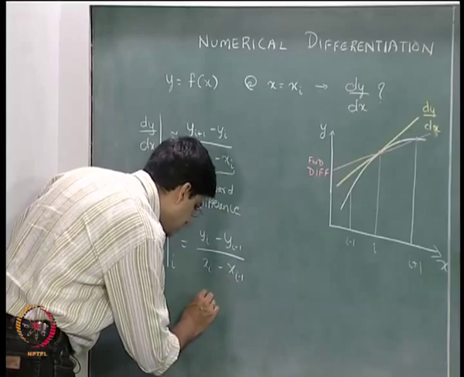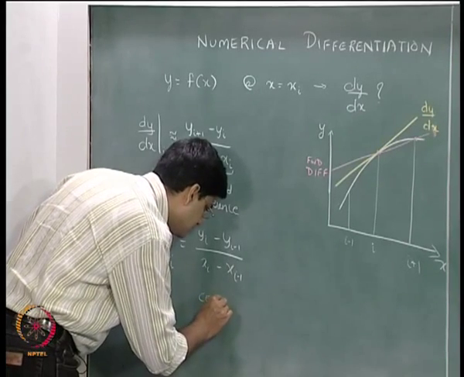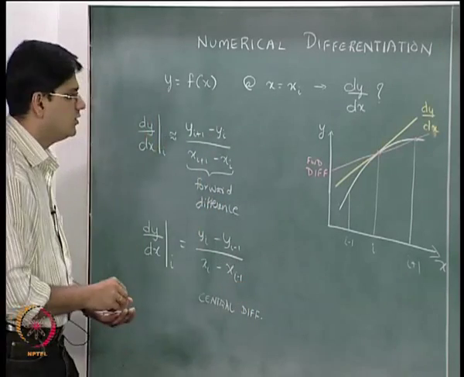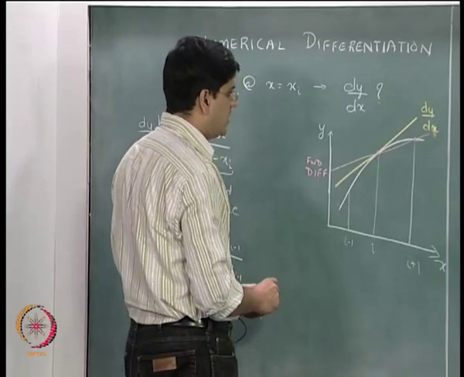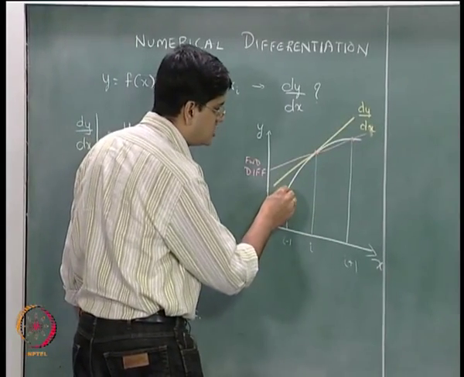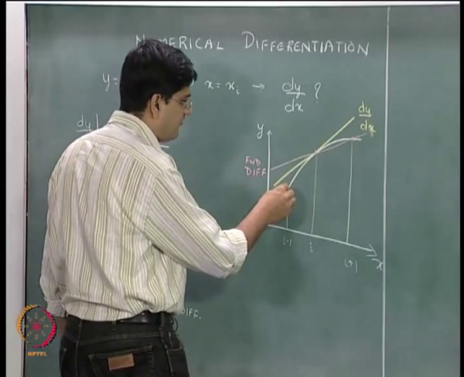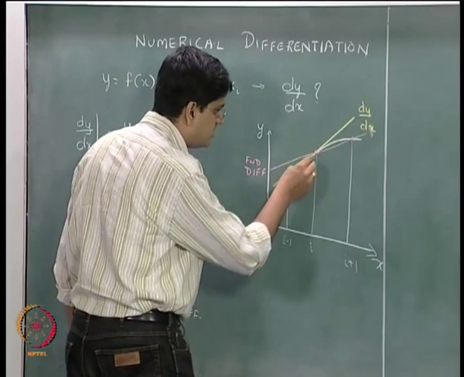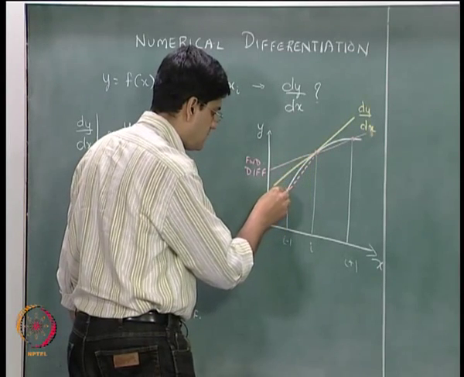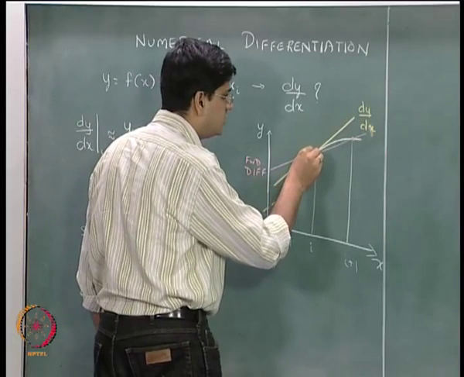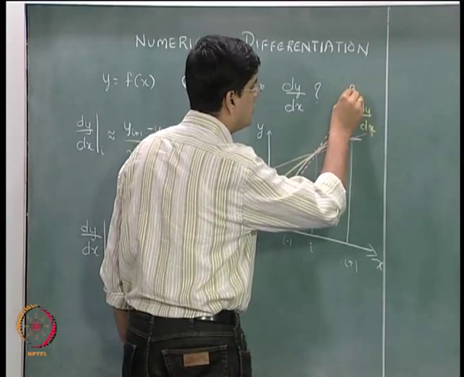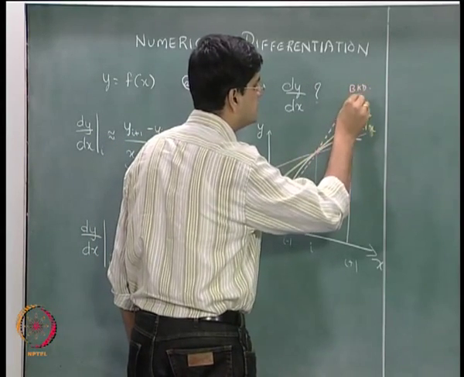This becomes our backward difference formula, and it is going to be nothing but the line joining xi minus 1, yi minus 1 to xi, yi. So I will have this joined with a dotted line. And this I will call as backward difference.